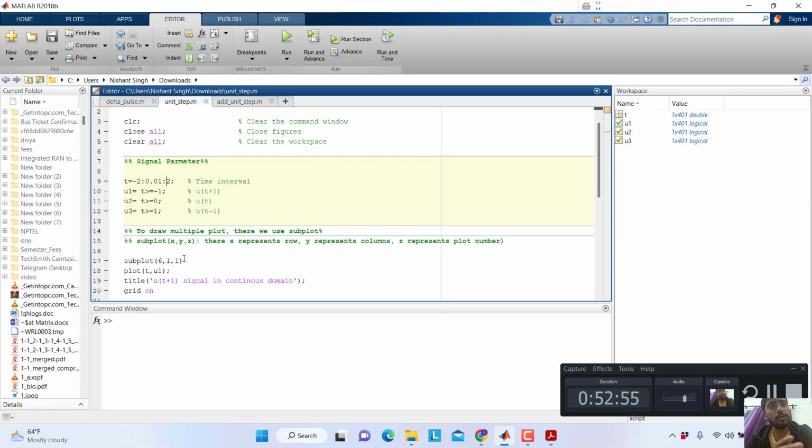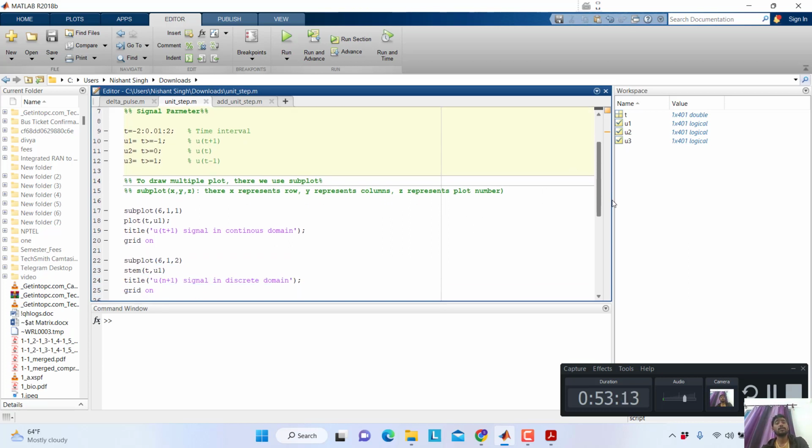Again we have to draw multiple plots, so we are using the subplot function with x, y, z. Here x represents the rows, y represents the columns, and z represents the plot number. Overall we are plotting six plots.